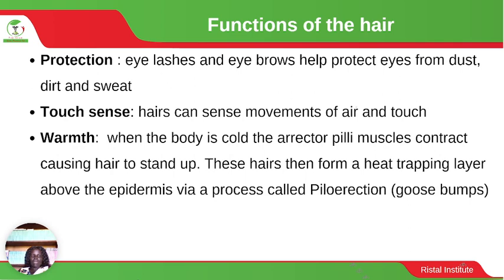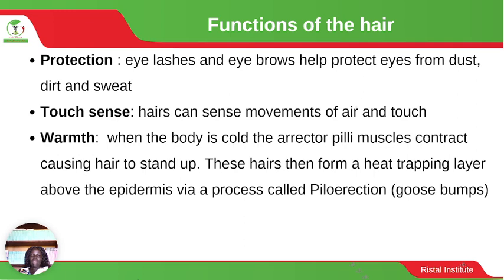Functions of hair. One is protection. Eyelashes and eyebrows help protect eyes from dust, dirt, and sweat. Then touch sense. Hairs can sense movements of air and touch. Warmth. When the body is cold, the erector pili muscles contract, causing hair to stand up.